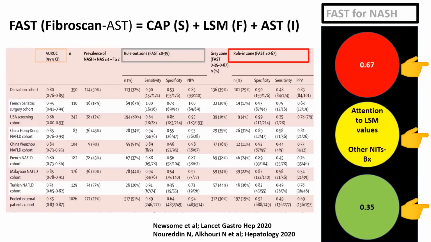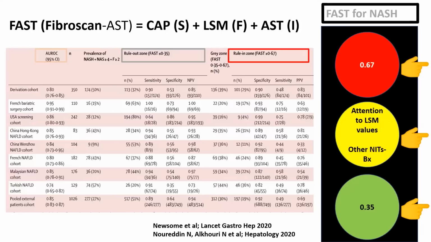The next score is the MAST score, and this is something we published last year. Instead of using the CAP score for steatosis from the Fibroscan, we know that MRI-PDFF is a more accurate way to quantify fat. So in this score, we included MRI-PDFF for fat. And then instead of using liver stiffness on Fibroscan, we used MR elastography, which is known to be more accurate.